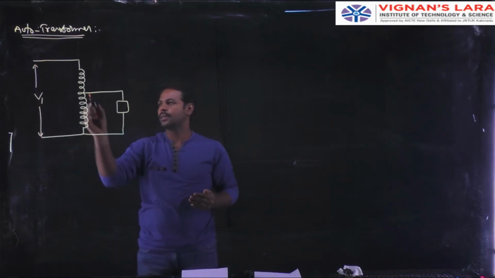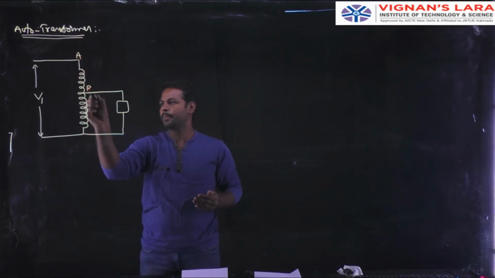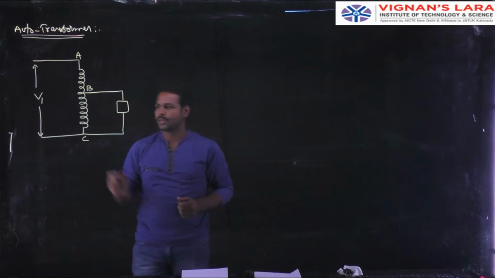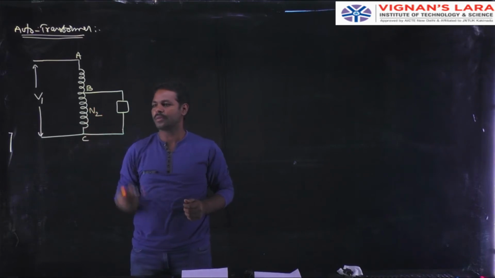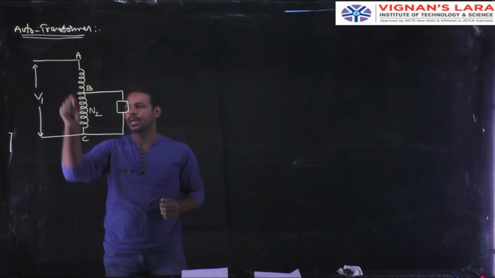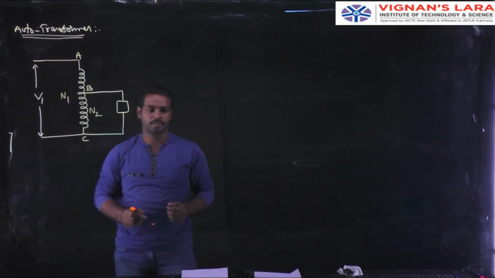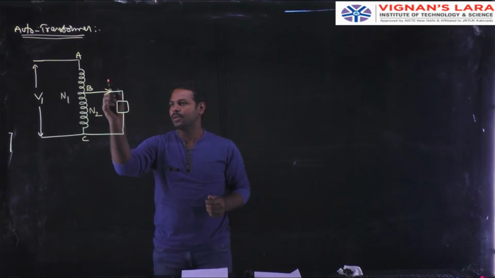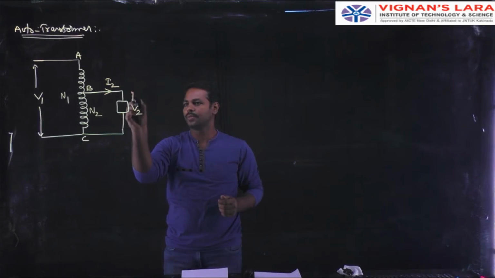The number of turns in A, B and C, and BC is the secondary winding. The number of turns in the secondary winding is N2, and the corresponding turns in the primary winding are N1. The current flowing through the load is I2, and the load voltage is V2.